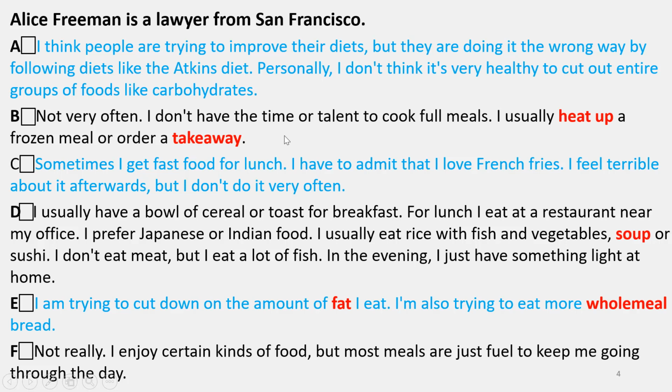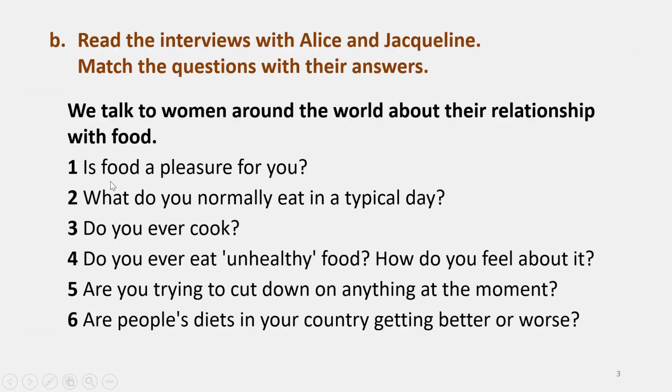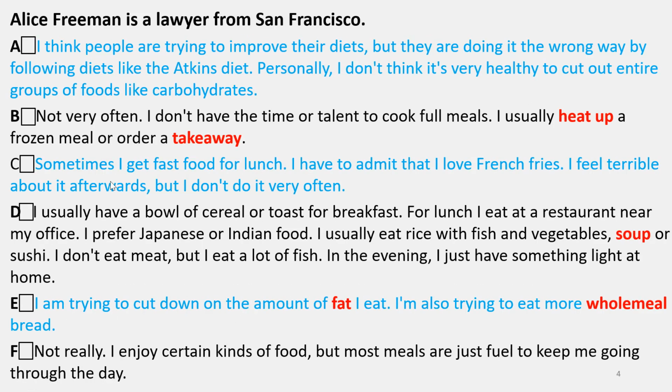Okay, next slide we will see how Alice answers those questions. Alice Freeman is a lawyer from San Francisco. So firstly, you need to read all of these paragraphs, how Alice answered these questions. Yeah, and then you will put the question number by the right answer.